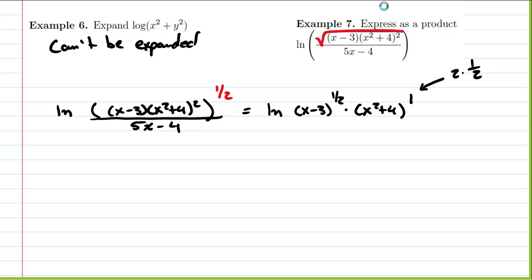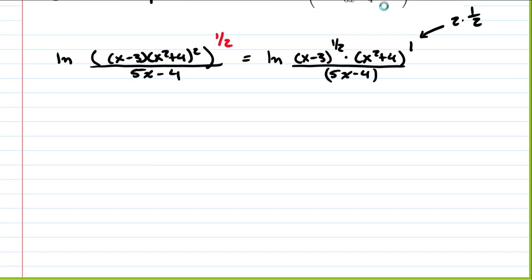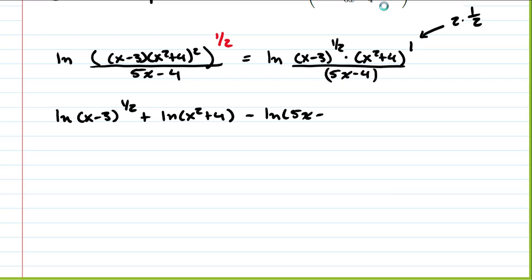And then in my denominator, I still have my 5x minus 4, and I'm going to put it in parentheses just to emphasize that it is a factor. Okay, so now I have 2 factors in the numerator and 1 factor in the denominator. So I get the natural logarithm of x minus 3 to the 1/2 plus the natural logarithm of x squared plus 4 minus the natural logarithm of 5x take away 4.